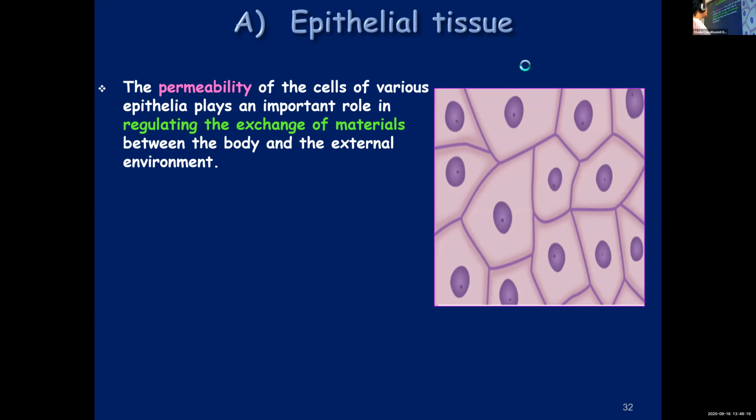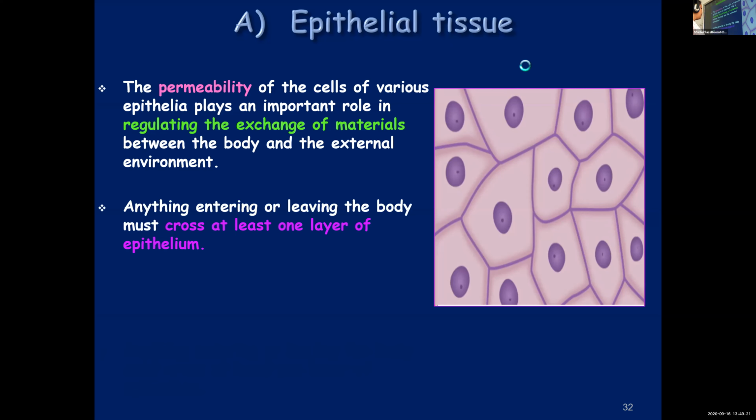You can put the same thing in a different way. Anything which is entering your body from outside or leaving your body has to pass through at least one layer of epithelial cells. Why? Because epithelial cells form the outermost boundary of your body, covering and protecting the entire body, your internal organs, lining the cavities.